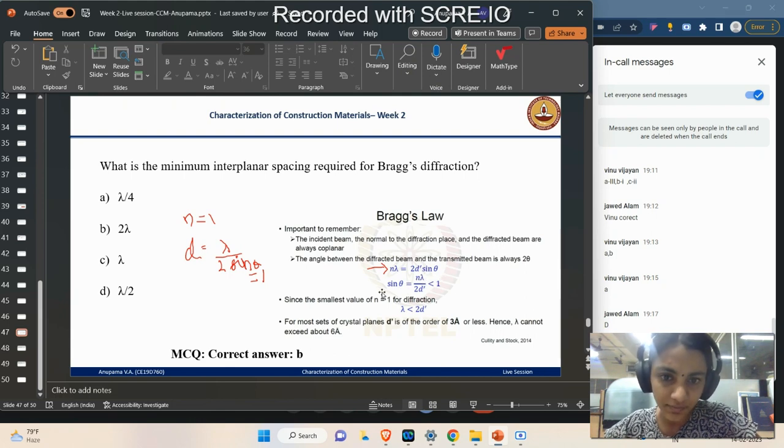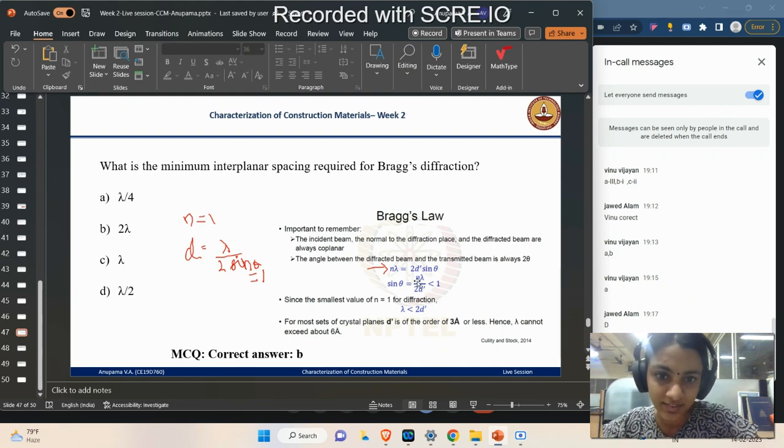Or in this case, sine theta is equal to n lambda by 2d, and always sine theta is less than 1. So for the smallest value, n equal to 1, lambda by 2d has to be less than 1, which means that d has to be greater than lambda by 2. Okay, so minimum interplanar spacing is lambda by 2.